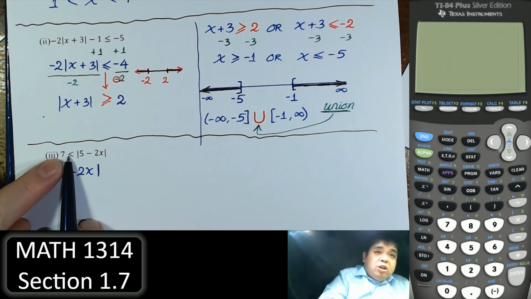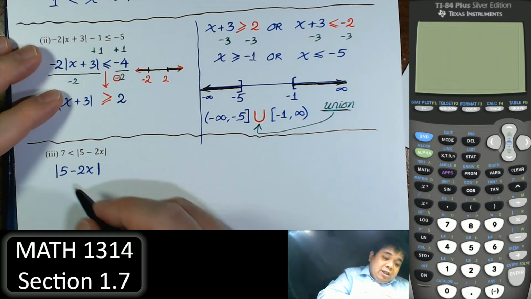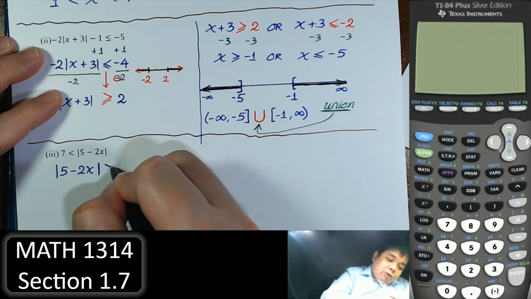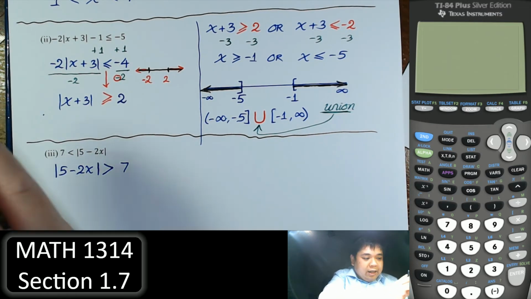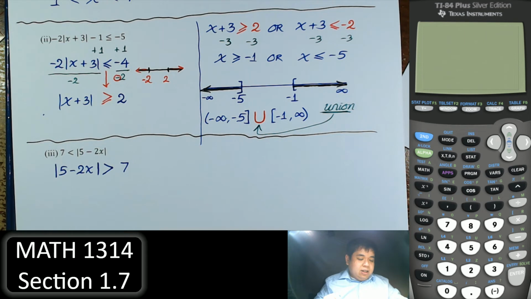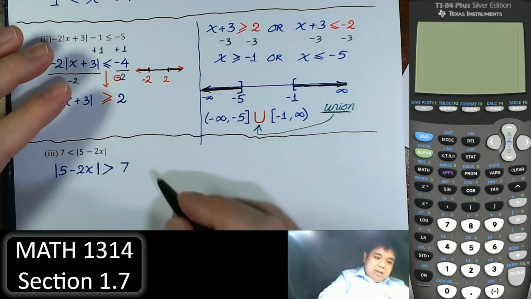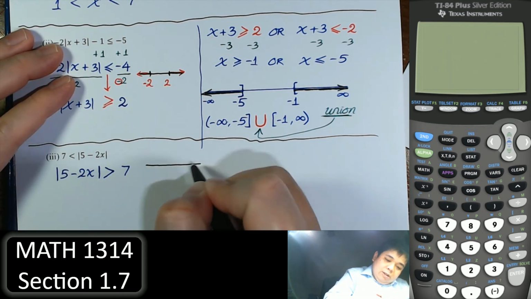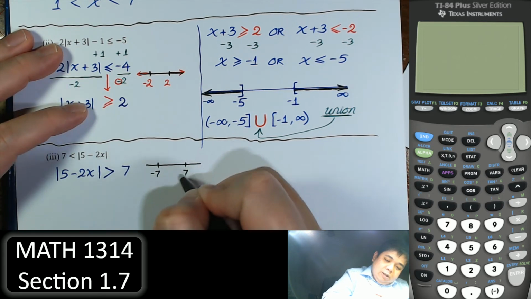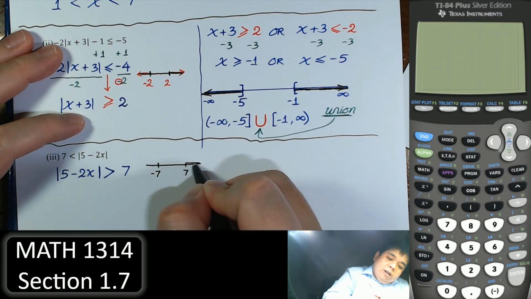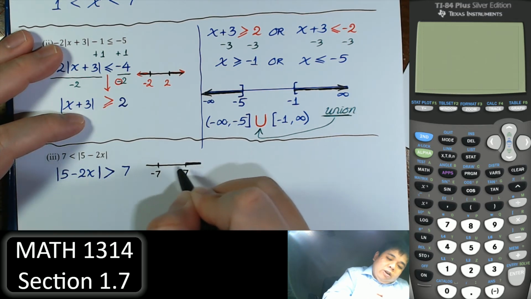The 7 still gets the pointy end of the inequality, so if we write 7 on the right, it will still get the pointy end. Now this one is greater than, so it's going to be on the outside.